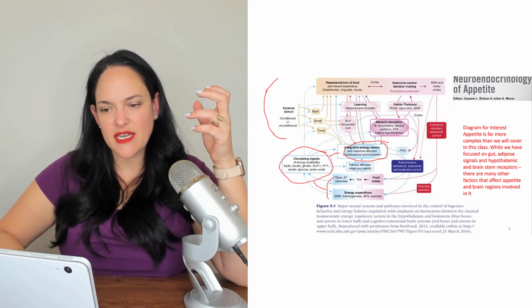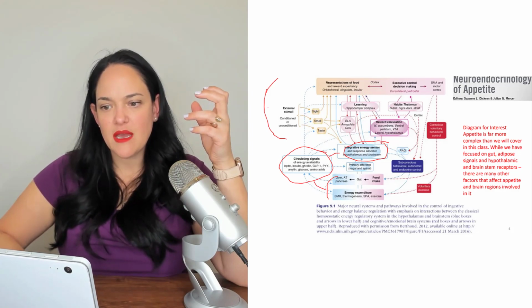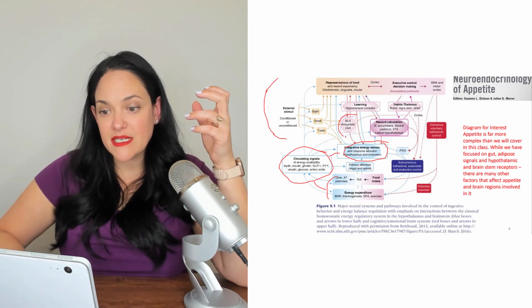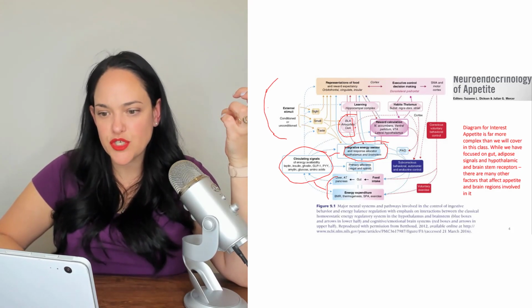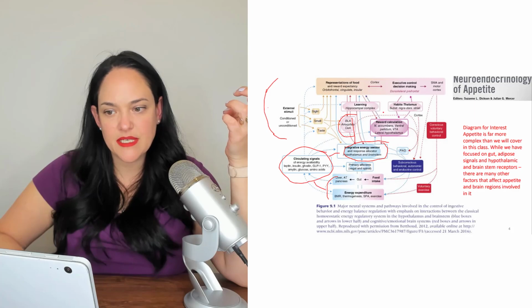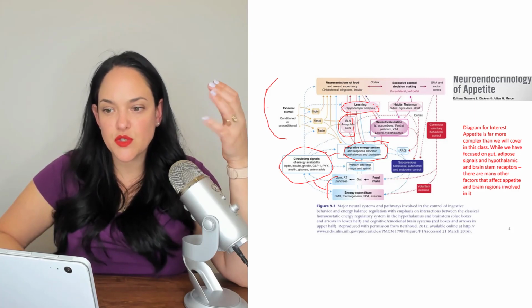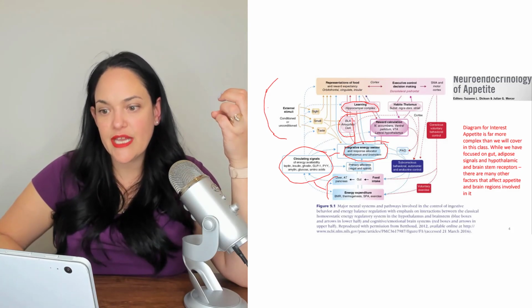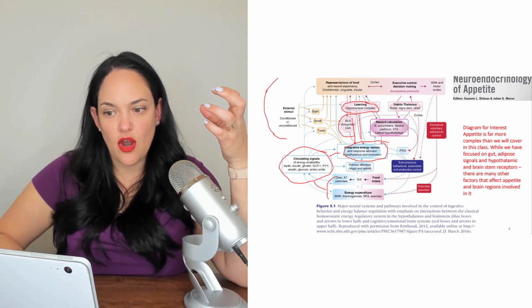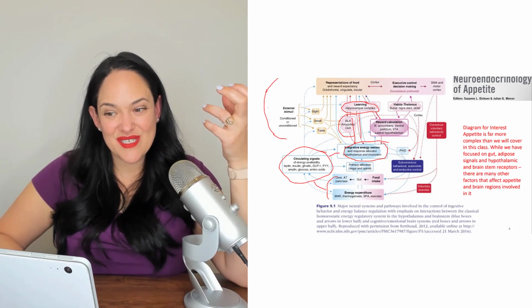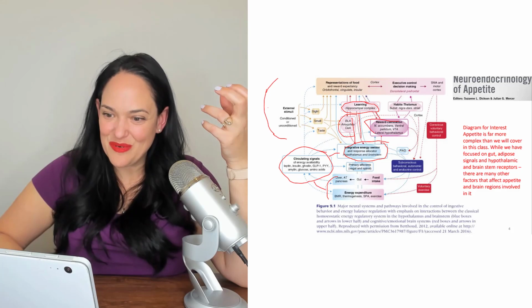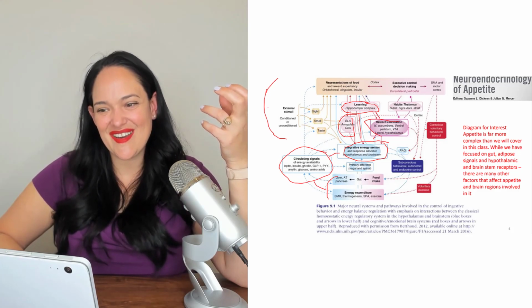So I'm not actually going to talk about the amygdala that much, but we do know that the amygdala, that area of our body that's associated with things like fear and emotions, has an influence on our appetite center. We're going to be talking about the hippocampus, which is often associated with memory and learning, and how that has an effect on our desire to consume, and how that also influences our reward pathway, and how our reward pathway influences our desire to consume.